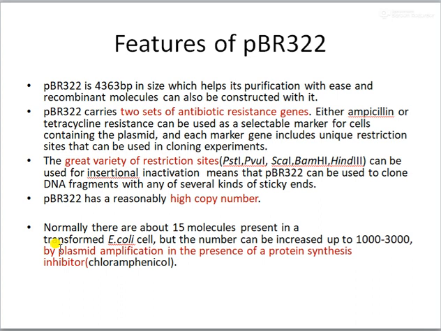You can increase the copy number of plasmids in E. coli by growing them in chloramphenicol, because in the presence of chloramphenicol, protein synthesis is inhibited, and so plasmid amplification can be increased to about 1000 to 3000 times.